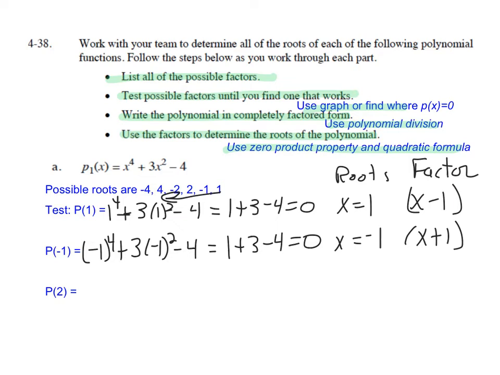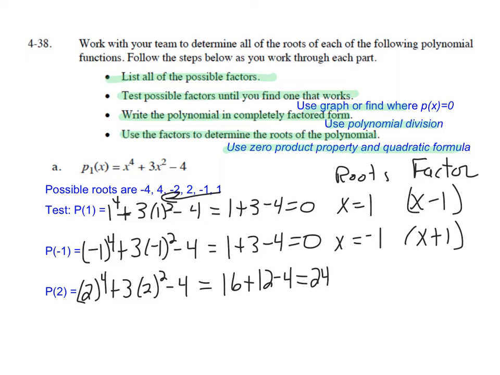Let's try 2. 2 to the 4th power plus 3 times 2 squared minus 4 equals, well, 2 to the 4th power is 16 plus 2 squared times 3 is 12 minus 4. That's going to come out to be 24, and therefore x does not equal 2 as a root.